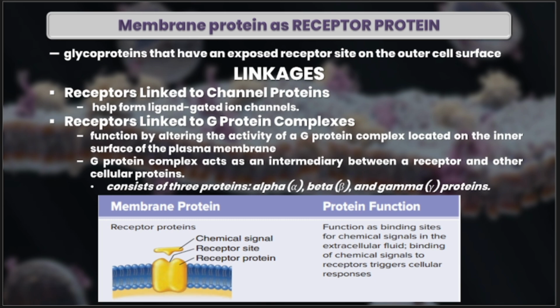So when a ligand binds to these receptors, it directly or indirectly causes the associated channel to open or close, regulating ion flow into or out of the cell. And upon ligand binding, this receptor will activate your G proteins, which can now trigger a cascade of intracellular signaling events that would lead to cellular responses.